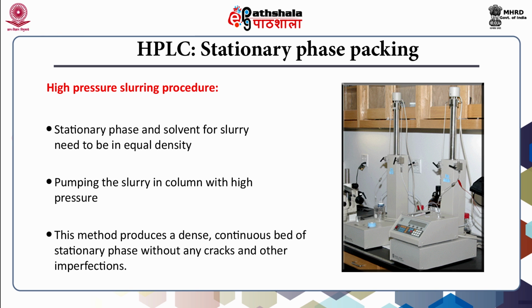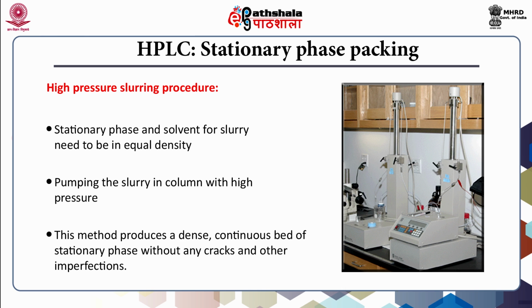By the high pressure slurry procedure, a dense continuous bed of stationary phase without any cracks and other imperfections will be formed. Our main motto in packing the stationary phase column is that there should not be any imperfections.